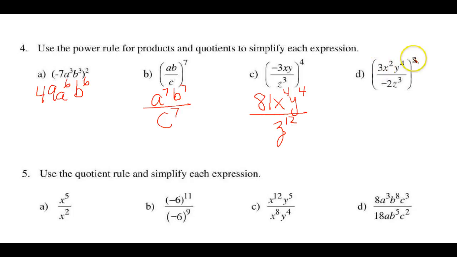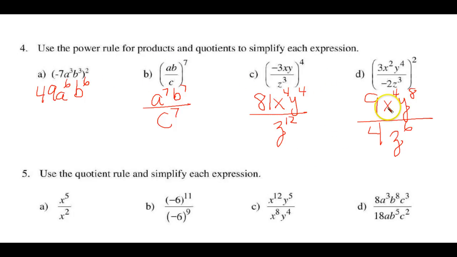Now it's 3 to the 2nd, which is 9, x to the 4th, y to the 8th. Now again, we have a -2 times -2 makes it a +4, c to the 6th.